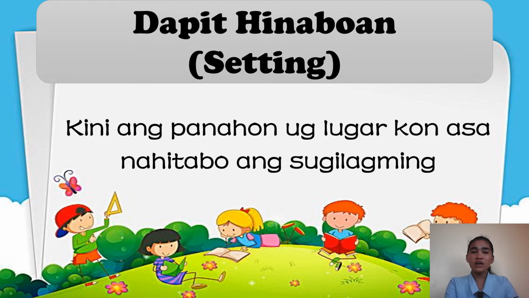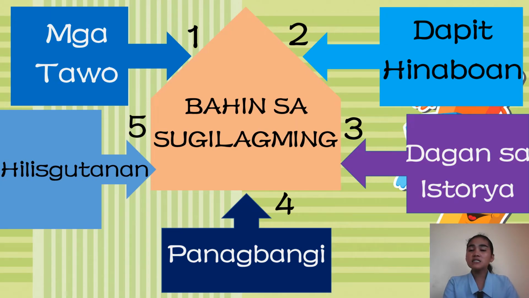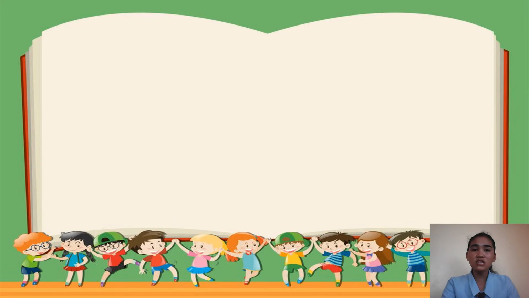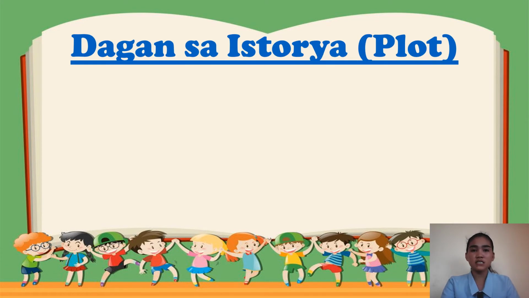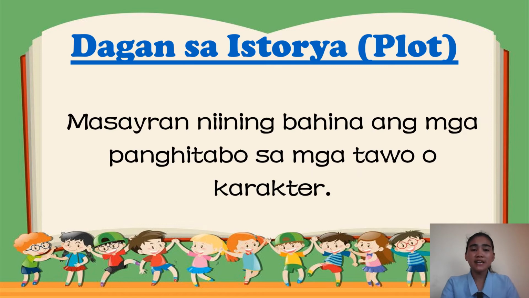And the next one, the third element is what? Yes, that's right. The third element is dagan sa istorya, or in English, plot. Dagan sa istorya. Masayran niining bahina ang mga panghitabo sa mga tawo o character. So the plot, class, will show the sequence of events.